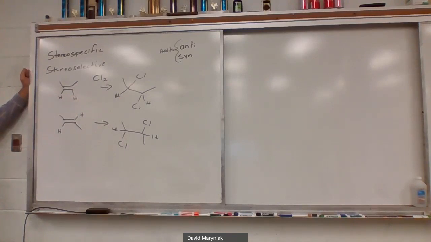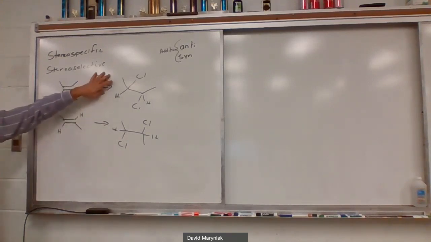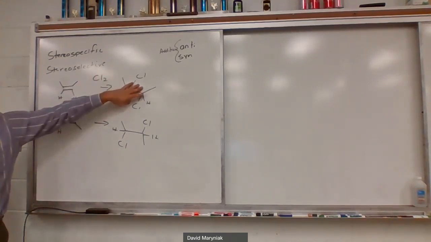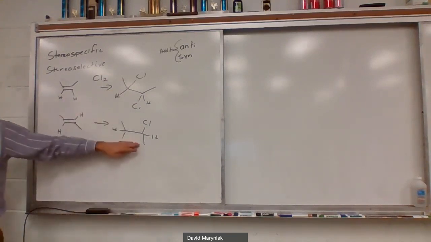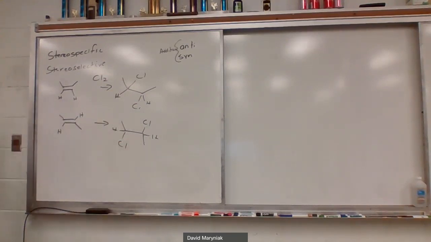Specific. Because one stereoisomer with one mode gives only one type of stereoisomer product. The other stereoisomer by the same mode would give the other product. Otherwise, we would have to do R and S and configure, etc.